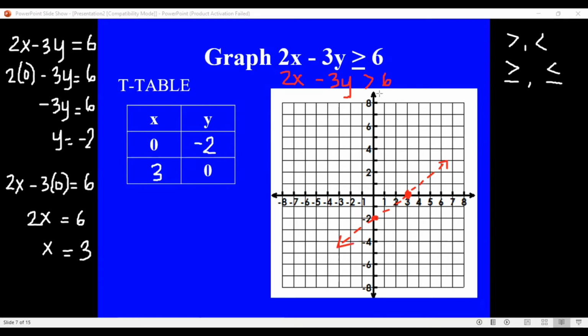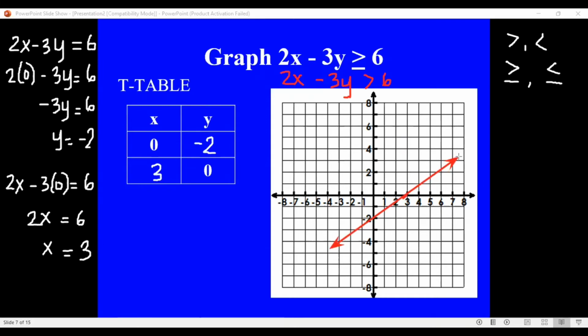But since in our example it is greater than or equal to 6, that simply suggests that it is a part of your answer, or the graph. So that means the line should be solid.